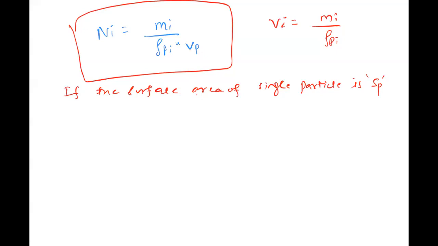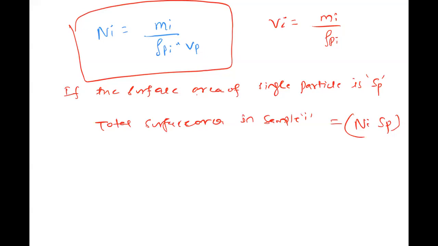Yes, total surface area in sample I will be what? Obviously, it will be Ni into Sp. Is it? Ni into Sp. So this total surface area Ai is represented as Ai equal to Ni into Sp.